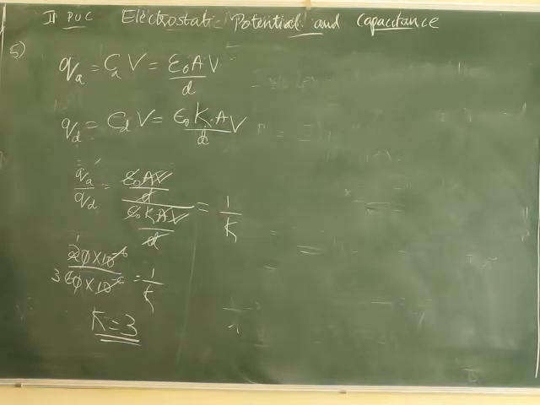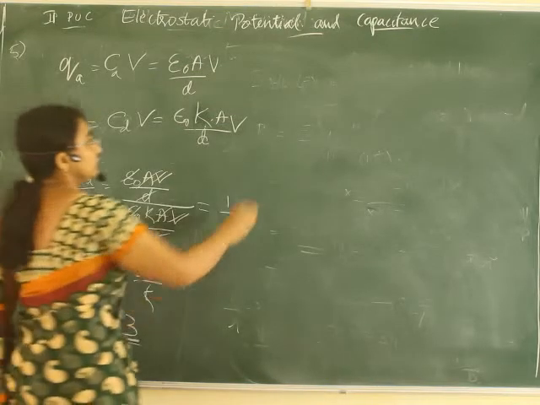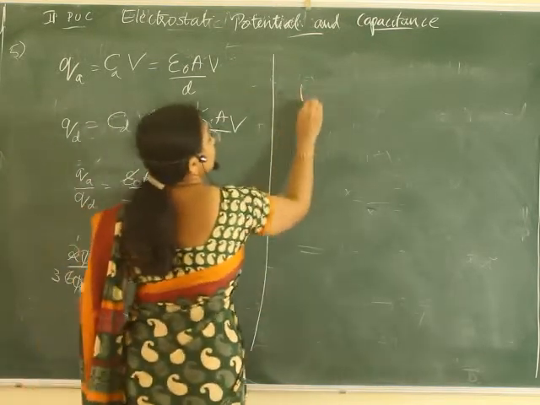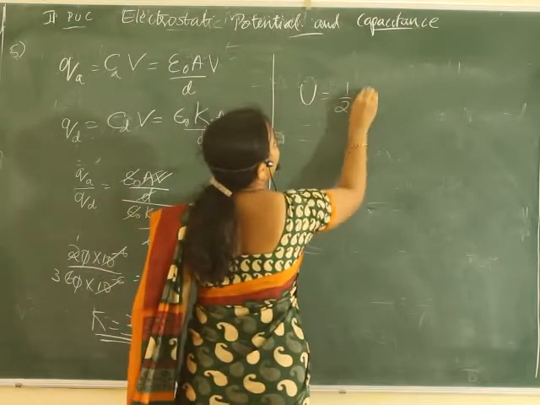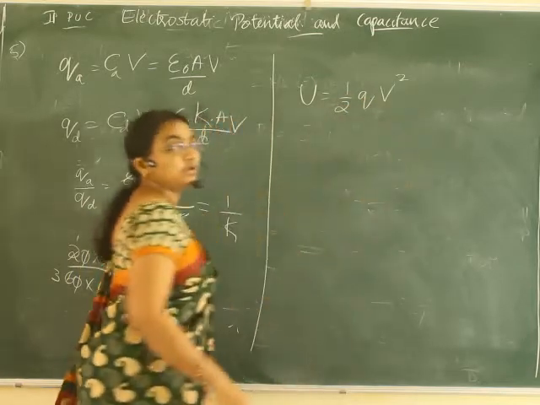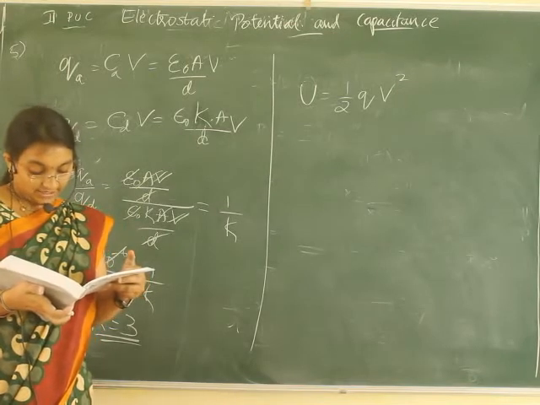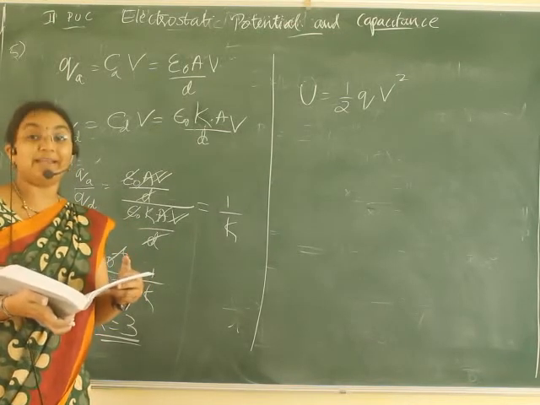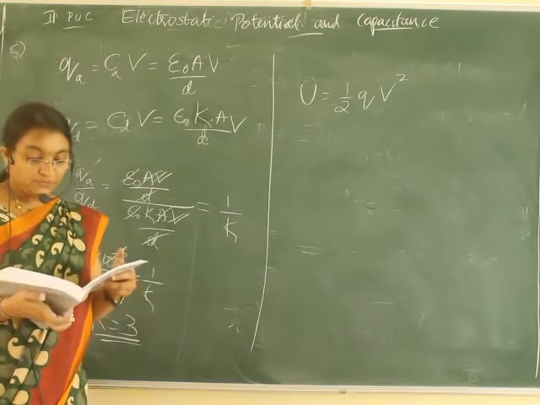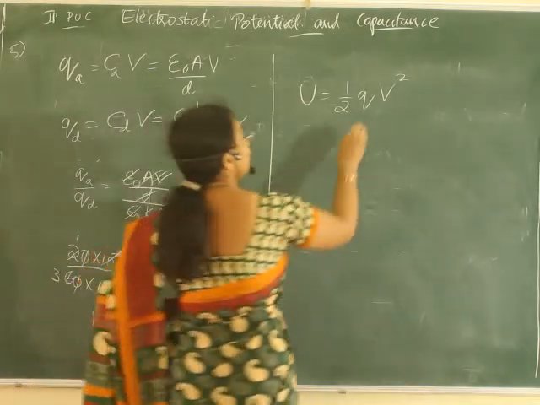Now you have to calculate the energy stored in the capacitor. Half QV square. What have they asked? Find the energy stored in the capacitor with the material as the dielectric medium. So material means QD we have to calculate. Correct?